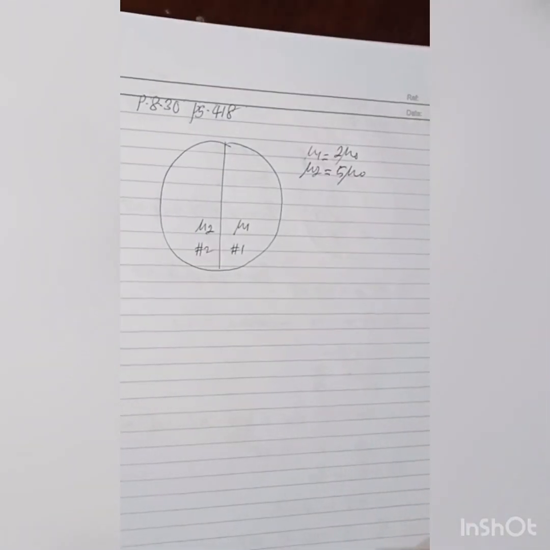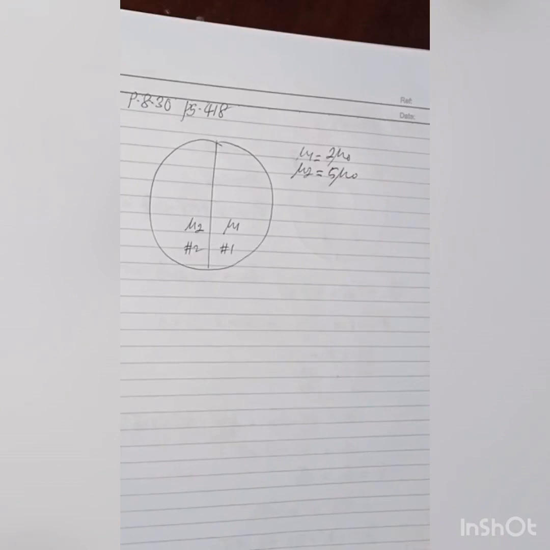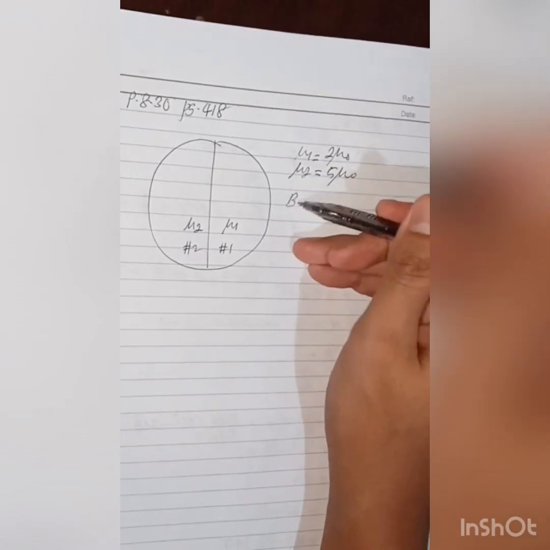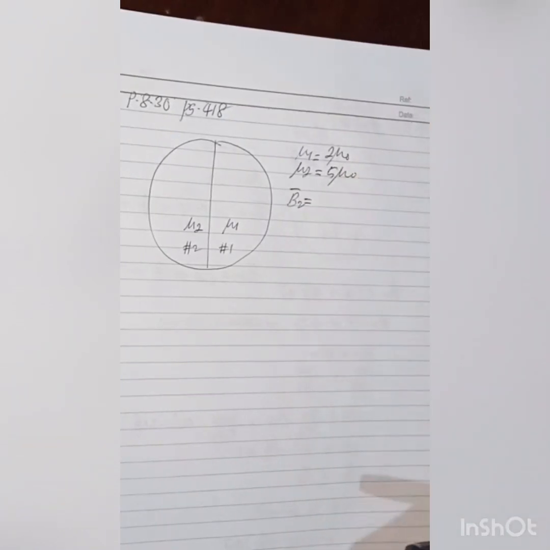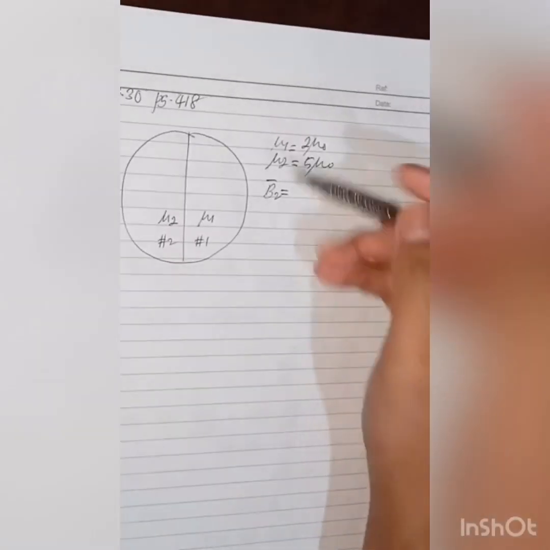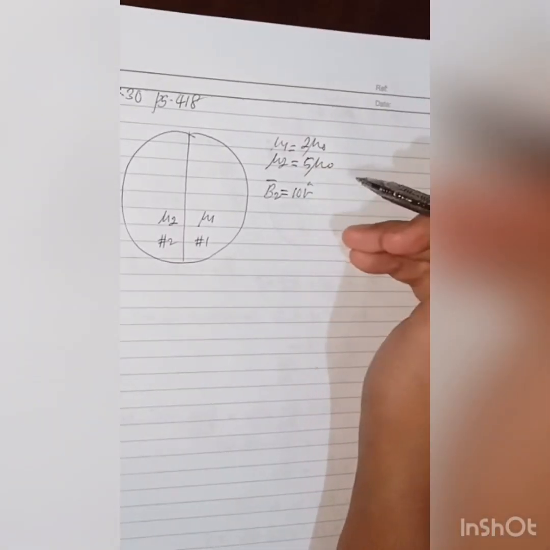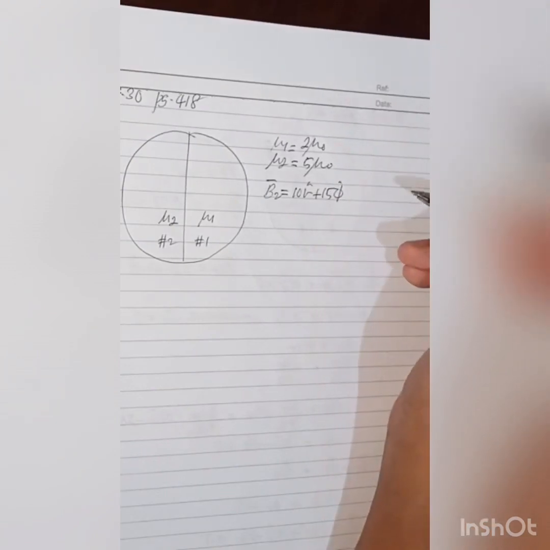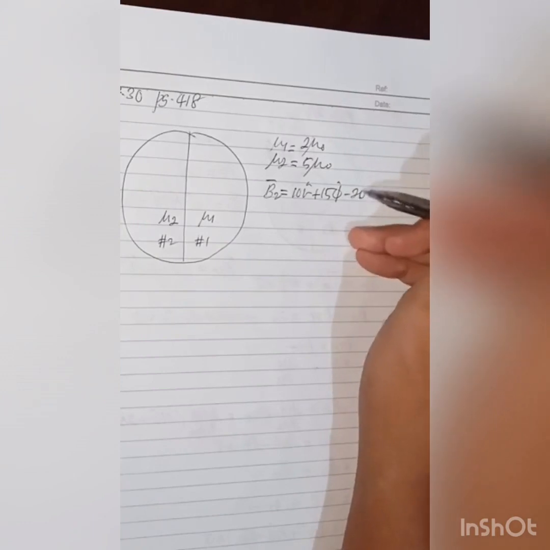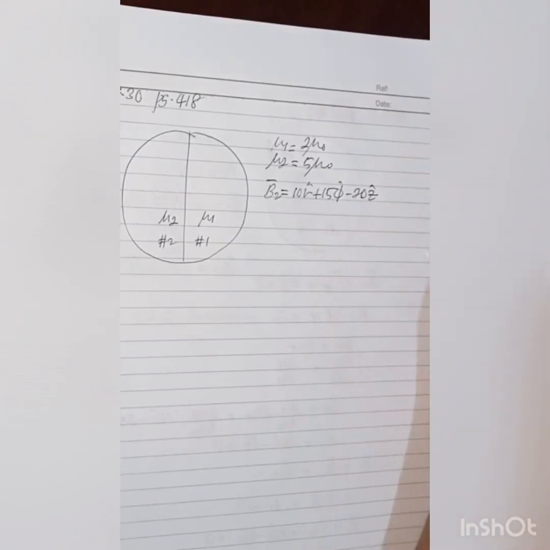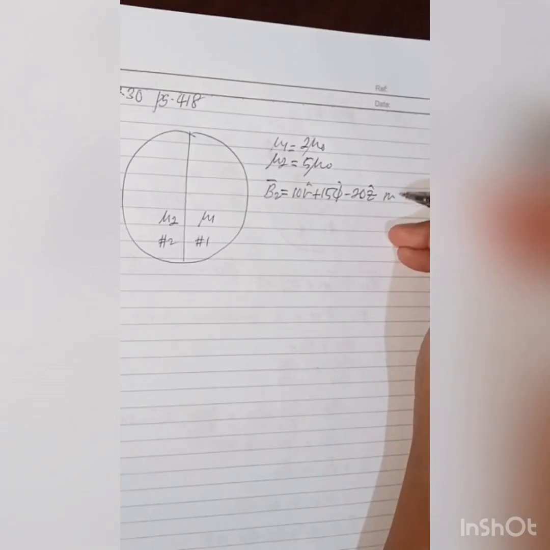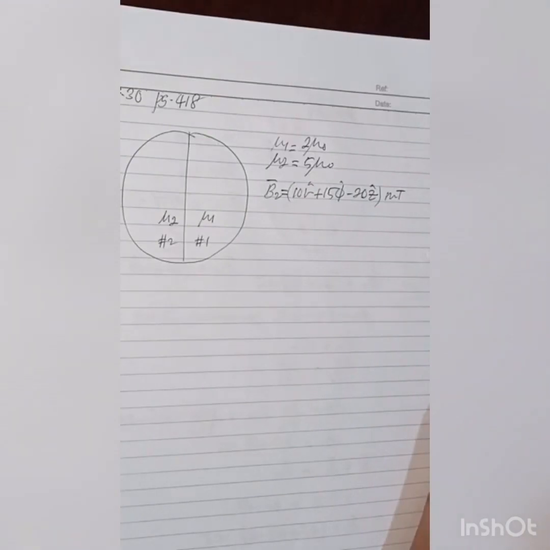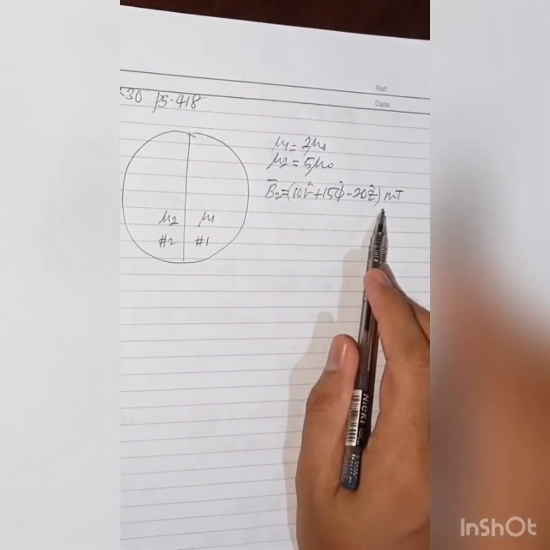Okay guys, we're also given the B2 vector, the magnetic flux density, given as 10 R component plus 15 phi component minus 20 Z component in millitesla.